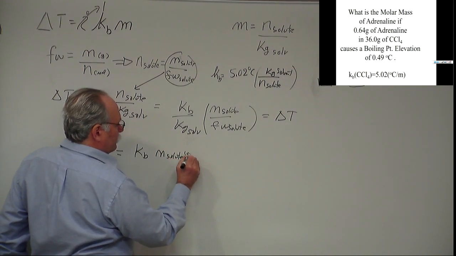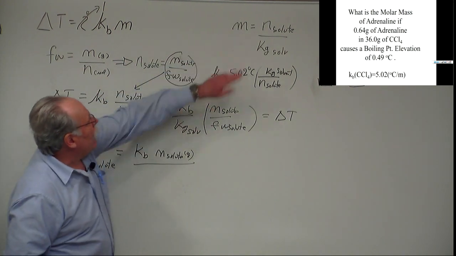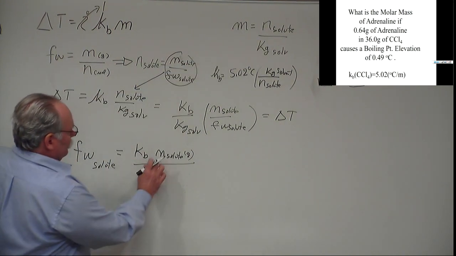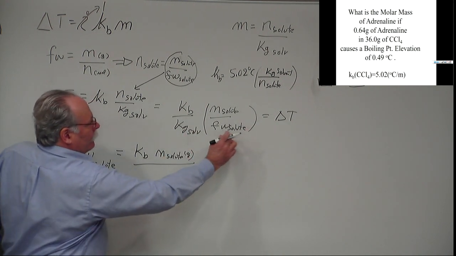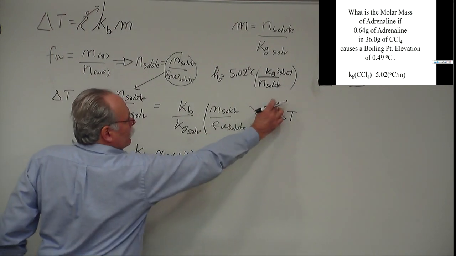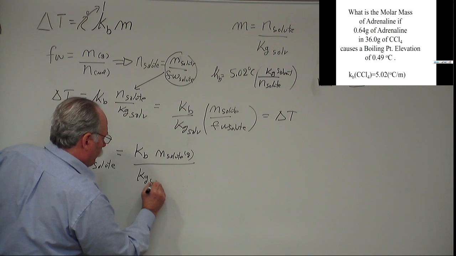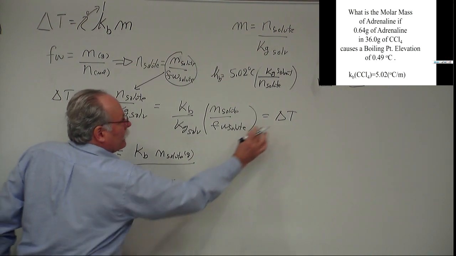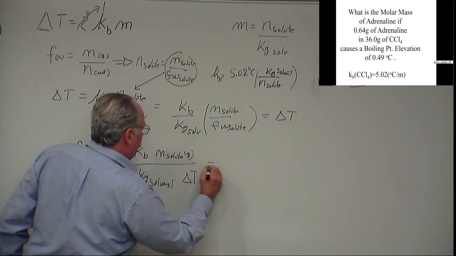I'm just going to put the units there in parentheses, grams, because I usually use this symbol for mass, and I'm using this one, and sometimes I get confused by that. Okay, and now I've brought the formula weight over there, so I have left the kilograms solvent, and I'm bringing the delta T down, so I have delta T. Now I'm going to bring this out.